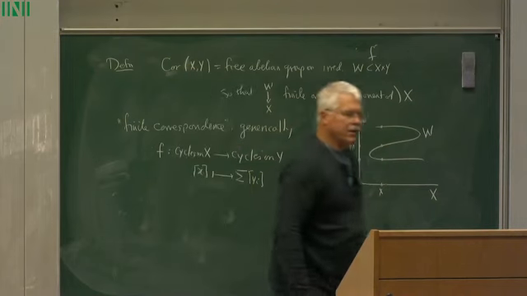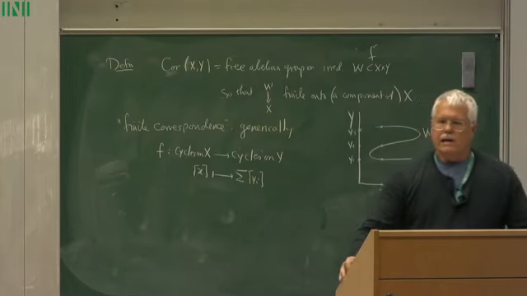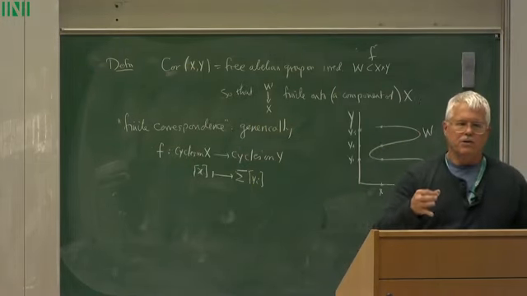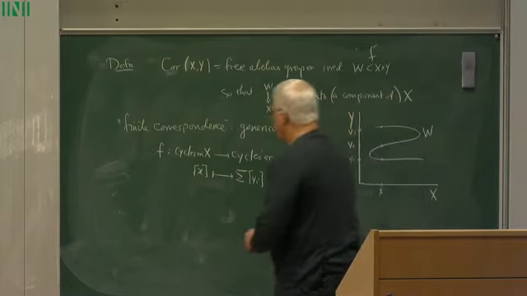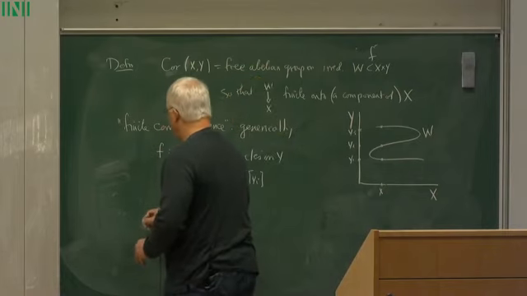I say generically because I'm assuming that everything is in general position in order to make this definition. If things are not in general position, what you have to use is the push forward.